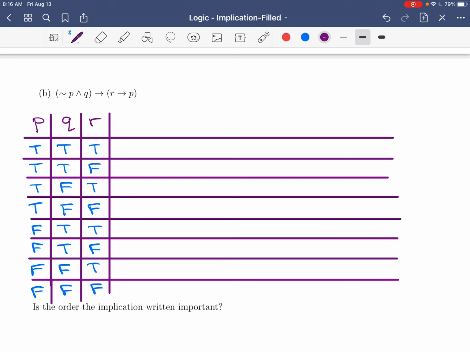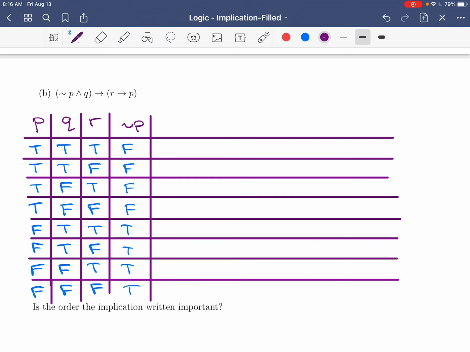Like I said, I like to build it up. You could do it all at once if you want and just go underneath. So I would do not P, because I need a not P in there. That's the opposite, so that's going to be false, false, false, false, true, true, true, true.